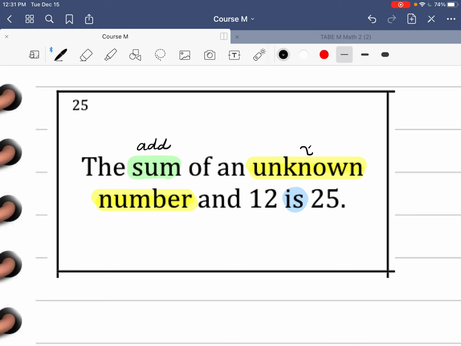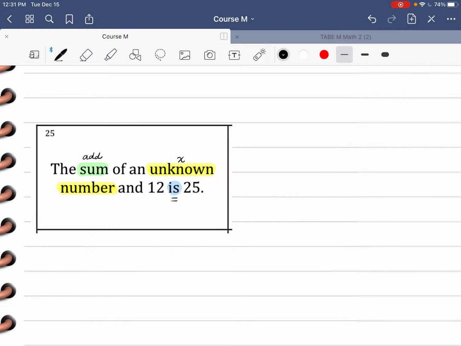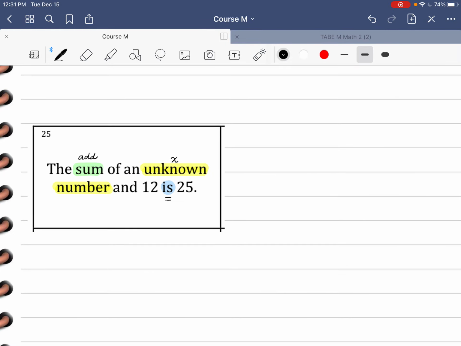Unknown number, I'm going to use an X for the unknown number, and "is" is the equal sign. So this is saying add X and 12 and that equals 25. And that's exactly what we're going to do. The sum of an unknown number and 12 is 25.